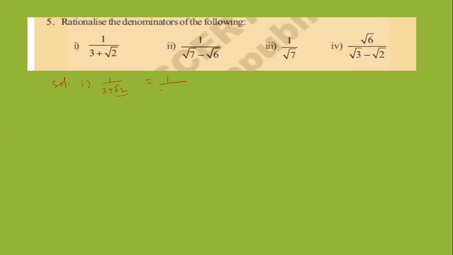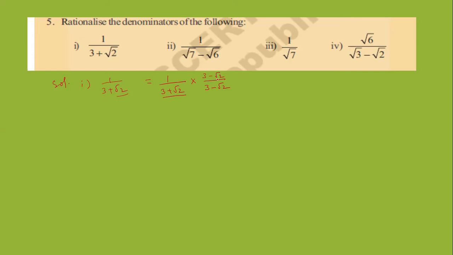You may rewrite the 1 like this, and you take both the numerator and the denominator. You observe here what I have written. If the denominator is 3 plus root 2, we take 3 minus root 2 in the numerator and denominator.